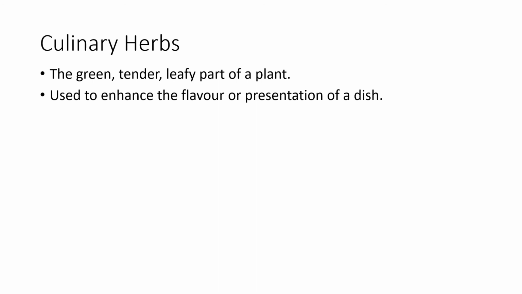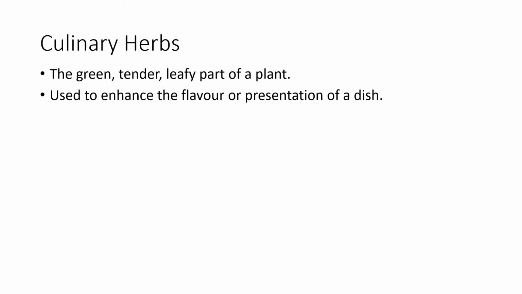Let's talk about culinary herbs. We talk about using herbs in food quite a lot, so I think we better talk a little bit about what an herb is. An herb is the green, tender, leafy part of the plant. So when we talk about using the herbs, this is what we're talking about. Often it is the tips, or it could be the leaf of a plant. The herb is used in a dish.